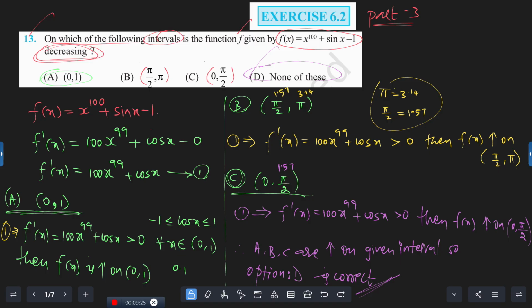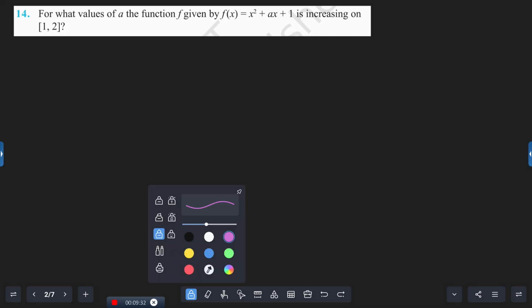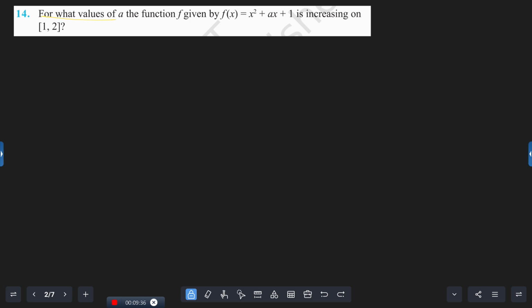Right. Next, I'm going to question number 14. For what values of a, listen, f is given. It is increasing. Here very clearly they mentioned f is increasing on the closed interval 1, 2.